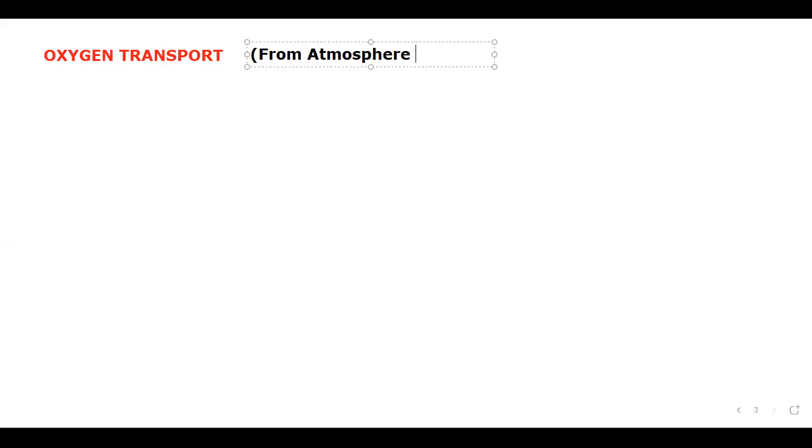From the atmosphere, it will come to the lungs. Is the purpose solved when we supply this to the lungs? No. From the lungs, through blood, it should reach the cells or tissues.